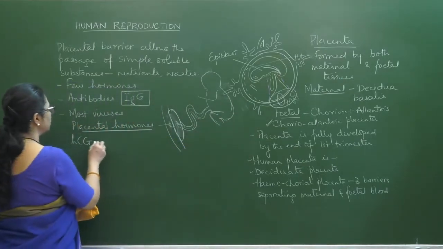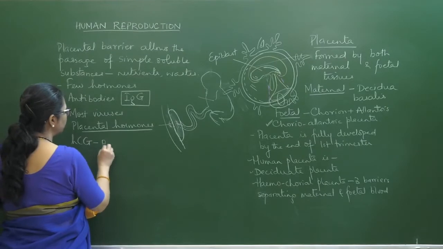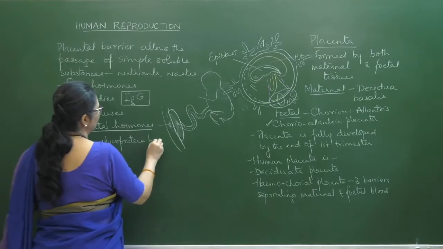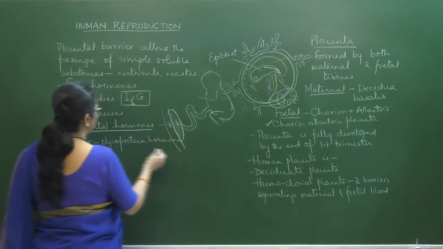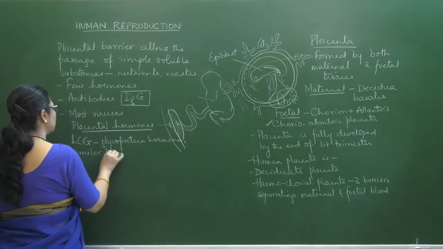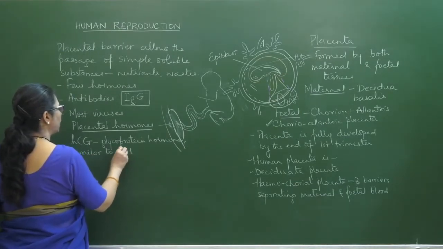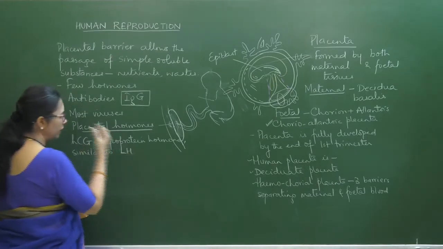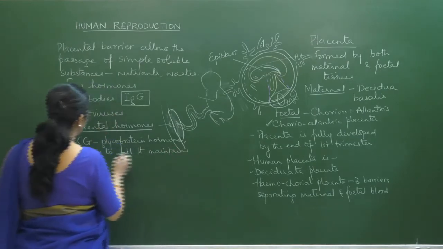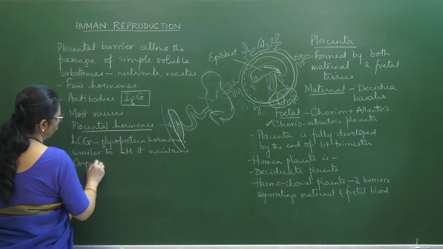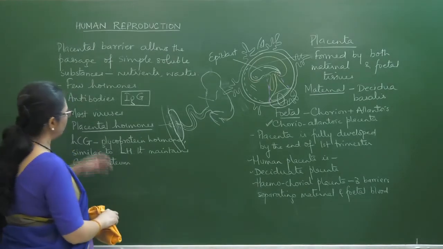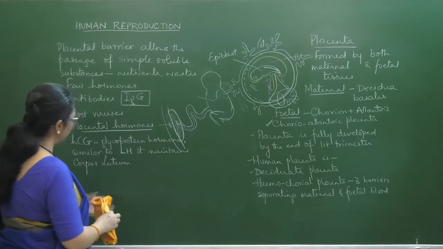HCG, nature wise, is a glycoprotein hormone, and this one is similar to LH, and what it does is it maintains the corpus luteum, so that progesterone release continues from the ovary.